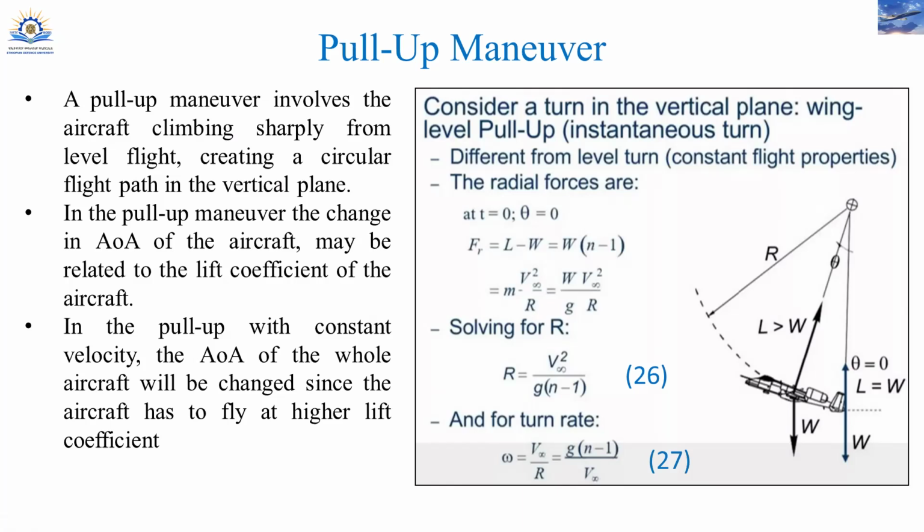Angle of attack and lift coefficient come together. How do they relate? In a pull-up with constant velocity, the angle of attack of the whole aircraft will be changed. Alpha is changing, since the aircraft has to fly at a higher lift coefficient.